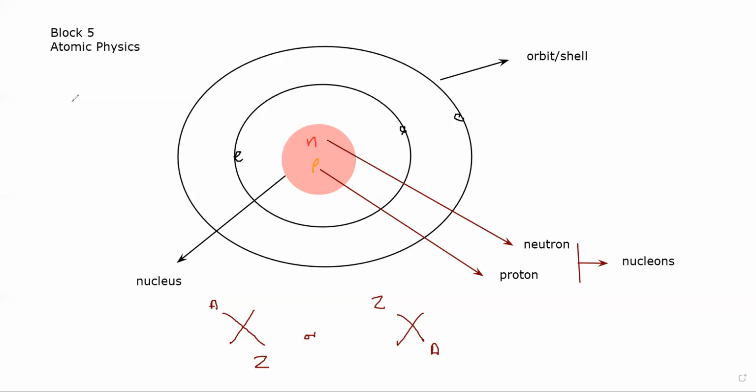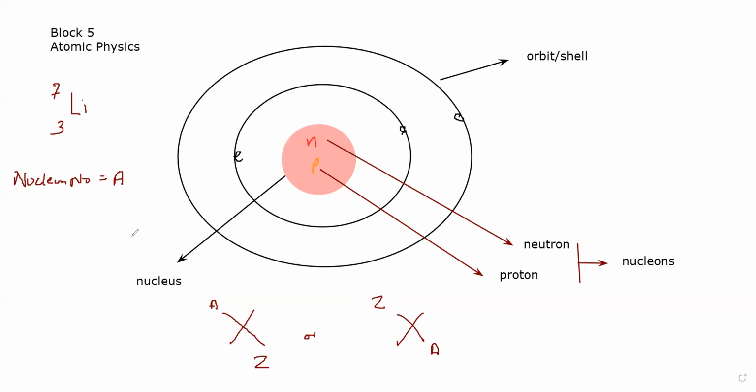Like we have lithium, when we write lithium, Li, and write 7 at the top and 3 at the bottom. So what is the nucleon number, A?